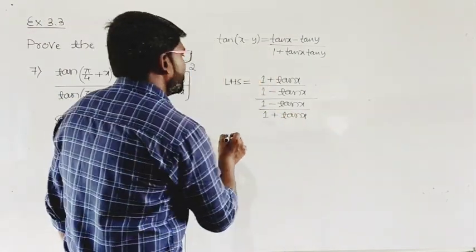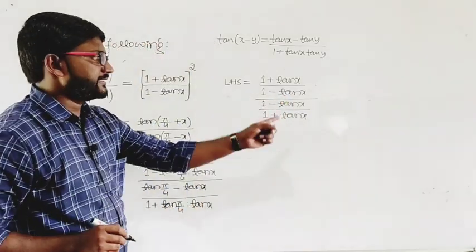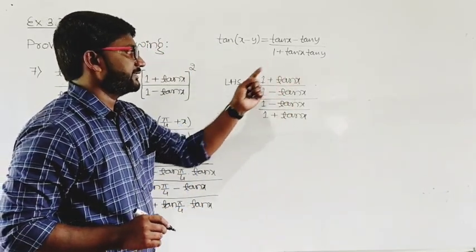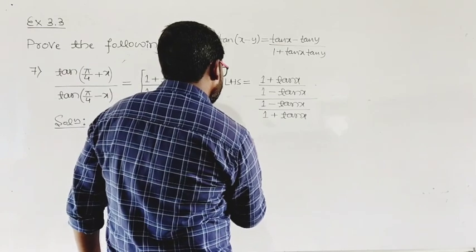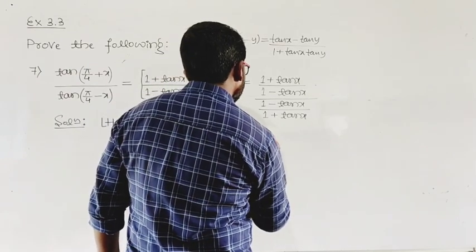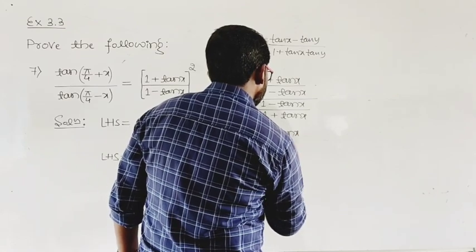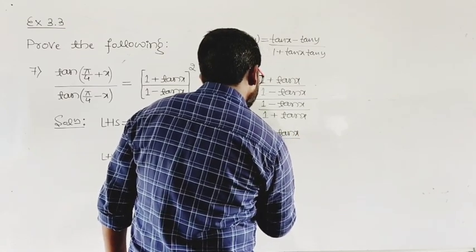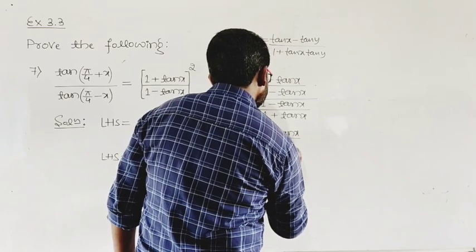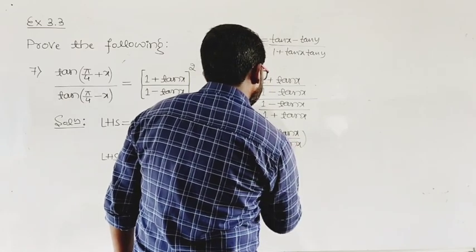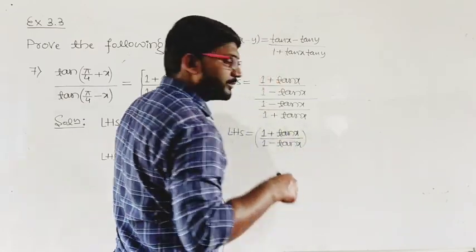So now see here, let us take up the reciprocal. I write the numerator as it is, LHS, which is equals to 1 plus tan x divided by 1 minus tan x, then take up the reciprocal.